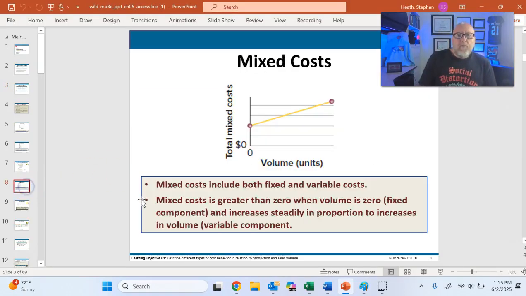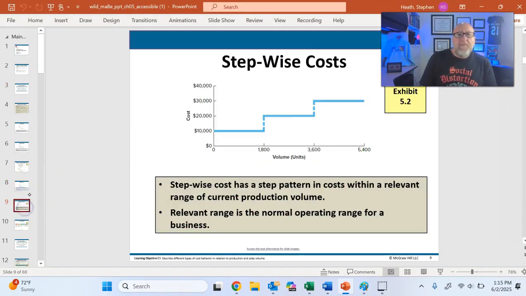And no need to go through all of the PowerPoint slides, but this is a good slide. This is what we call step-wise. And what we're saying is something is generally fixed through a certain period or certain volume. So let's say that I have a workspace and the workspace is big enough, or maybe let's back up.